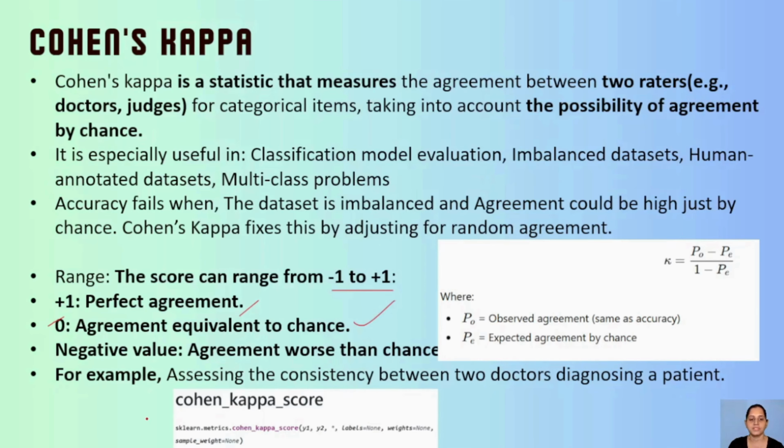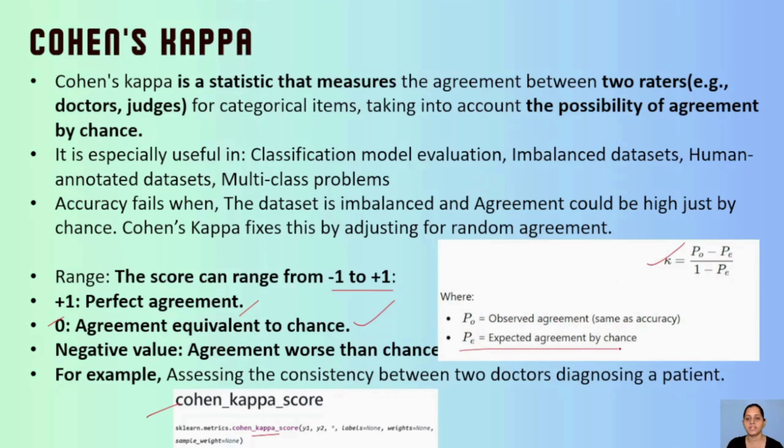This is a part of scikit-learn, guys. This is how the function looks, cohen_kappa_score. And this is how the formula looks: P0 minus PE divided by 1 minus PE. P0 is your observed agreement, which is the same as accuracy.